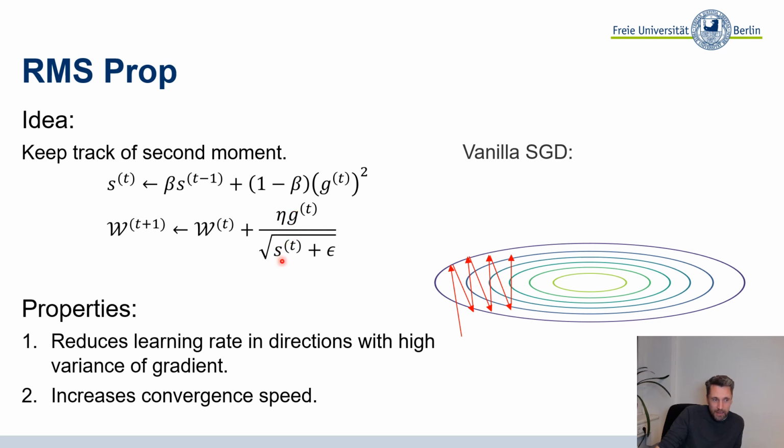Because dividing by the square root of the smooth version of the square is basically giving us the sign, approximately, of the gradient. Yeah. Okay. So in effect, also highly fluctuating dimensions are reduced, right? Because we only care for the sign.